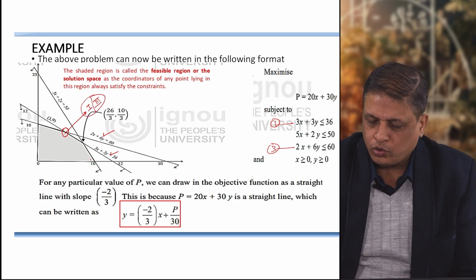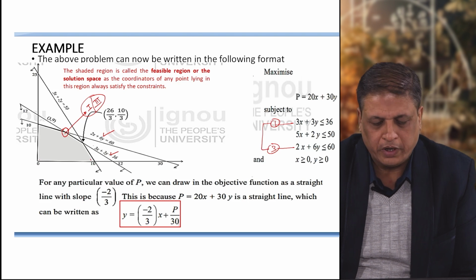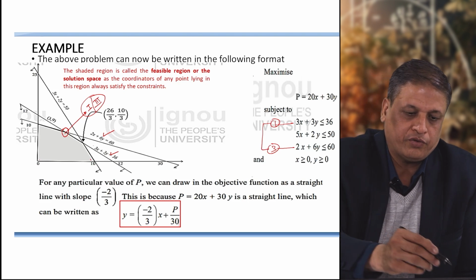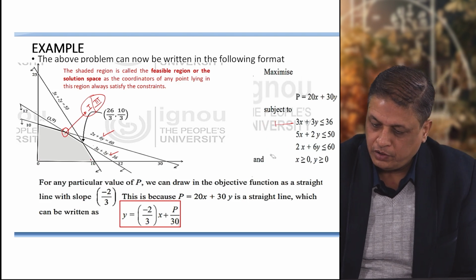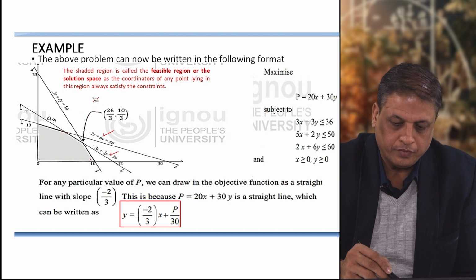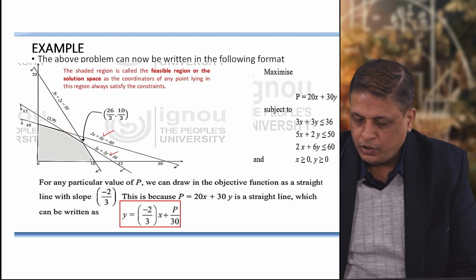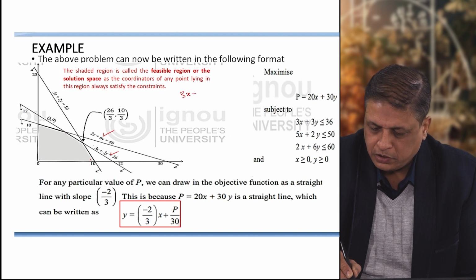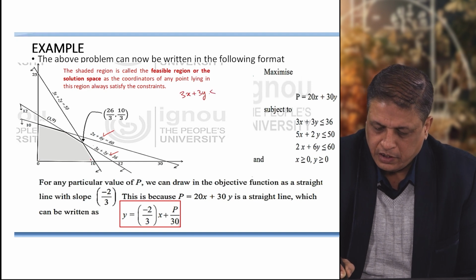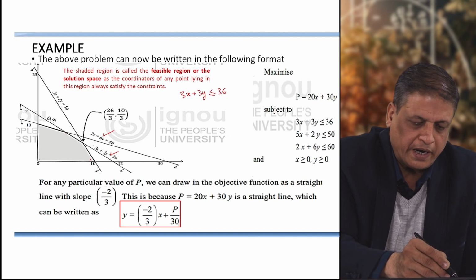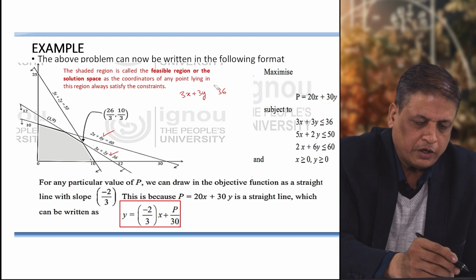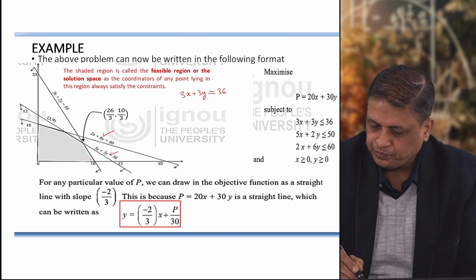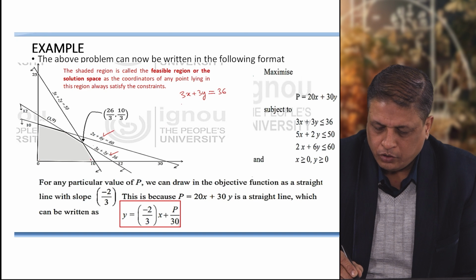We need to solve these 2 equations to get the respective values of x and y. How do we solve it? Let us see. Inequality 1 is 3x plus 3y less than or equal to 36, or you can write it as equal to 36 for determining point x and y, and 2x plus 6y is equal to 60.